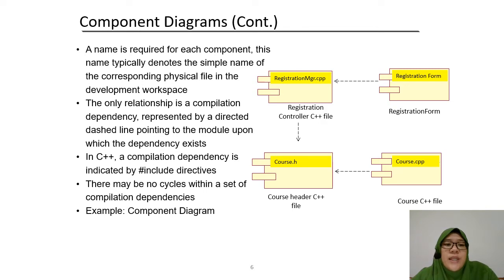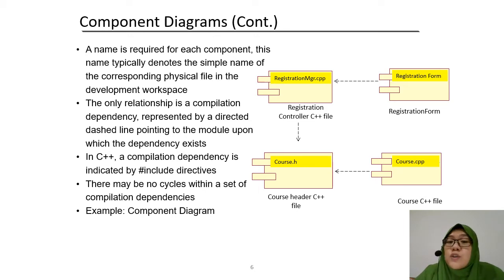For component diagrams, a name is required for each component. So if you put a component, make sure you have a name. Basically it's the physical file name. For example, for a registration system using C++, it can be a registrationmanager.cpp file.